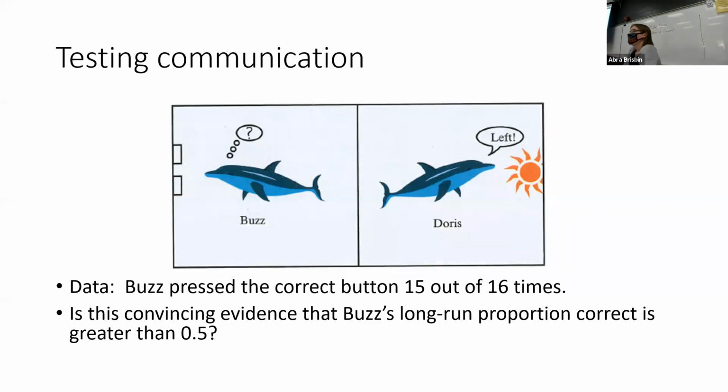The data were that Buzz pressed the correct button 15 out of 16 times. Our question is, is that convincing evidence that Buzz's long run proportion correct is greater than 50%? So is it convincing that he's doing better than just guessing?